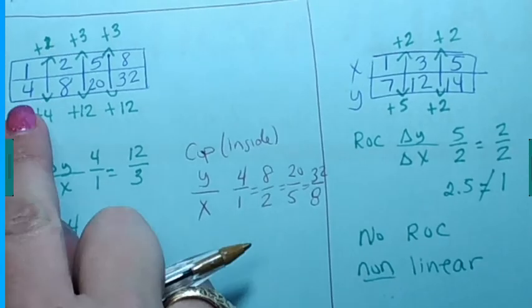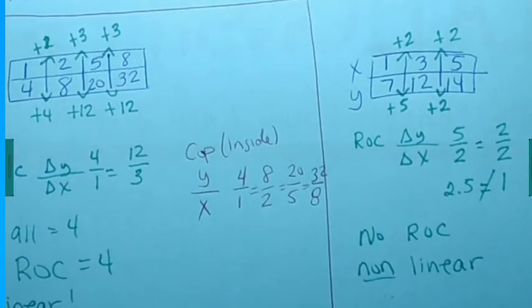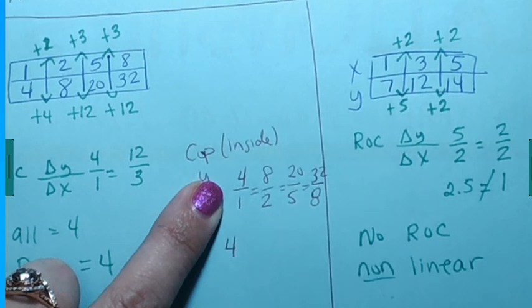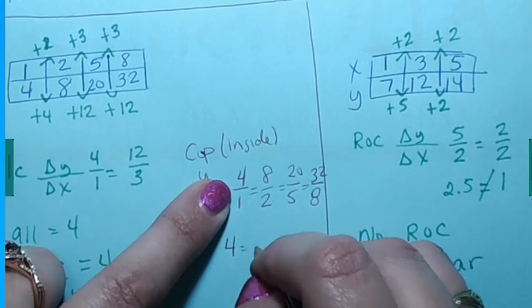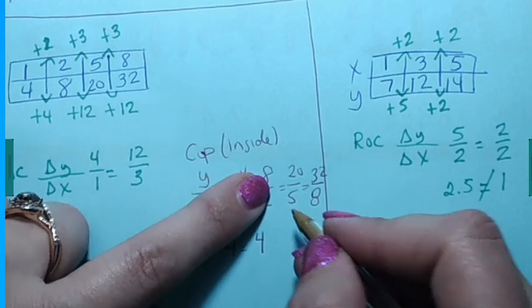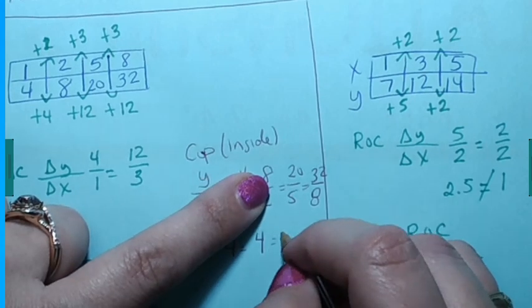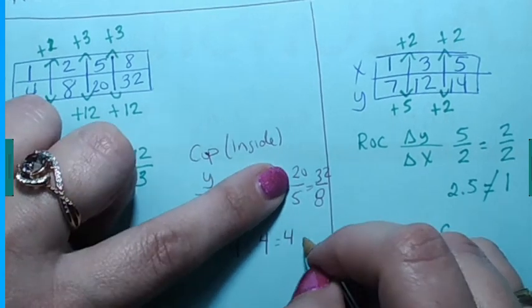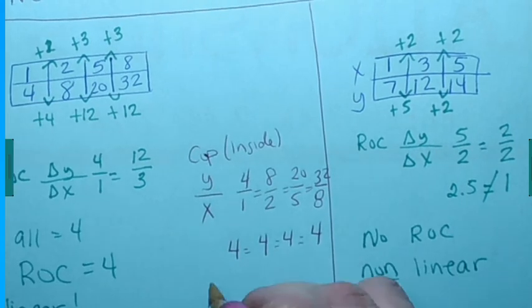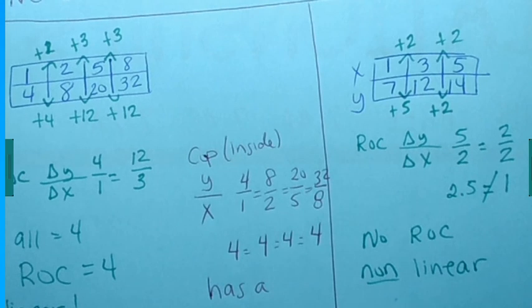So all I did was take these numbers and flip them, and now I'm going to divide. 4 over 1 is 4. What's 8 over 2? 4. What's 20 over 5? 4. What's 32 over 8? 4. Okay, so this has a cop, which makes it proportional.